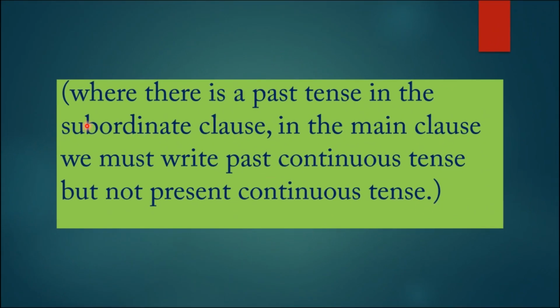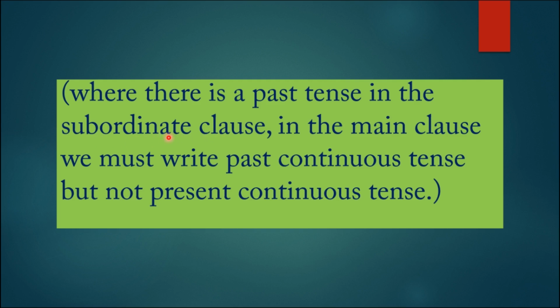A small note. Where there is a past tense in the subordinate clause, children, here I want to tell you briefly what a subordinate clause is. Later, I will explain subordinate clauses and main clauses in other grammar points. A subordinate clause is also called a dependent clause.